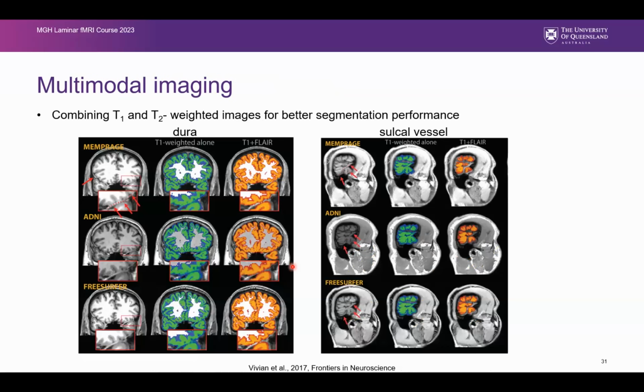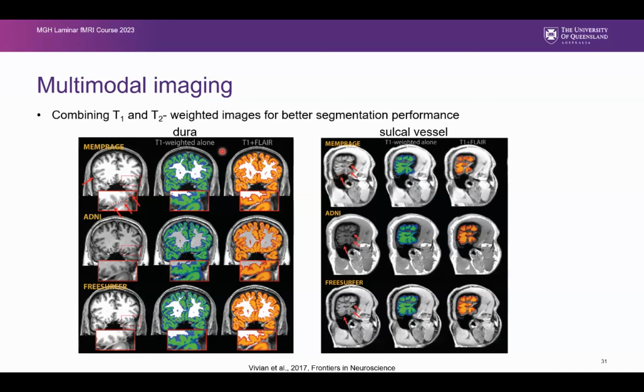So what can you do? One idea is to use multimodal imaging, and you basically add a T2 star weighted image for better segmentation performance. Here you have an example of the dura, and here you have an example of two vessels. Can you see that? It's a little bit tiny.